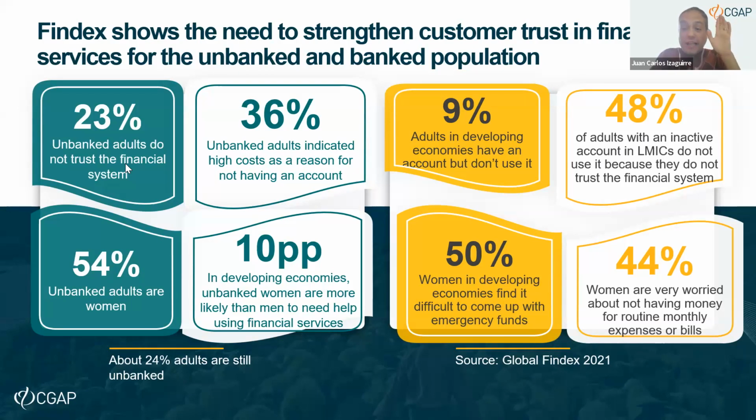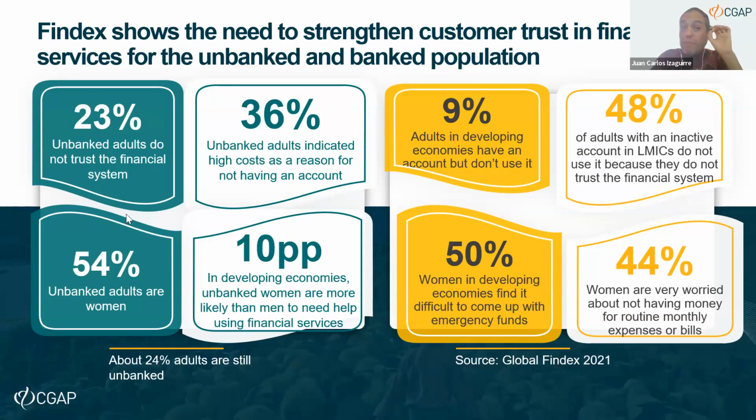In some regions, like Latin America and Europe and Central Asia, 1 in 3 unbanked consumers express no trust in the system. Globally, 36% of unbanked respondents indicated that high and unexpected bank fees were a key reason for not having an account. In Latin America, this percentage was nearly 60% of unbanked adults.